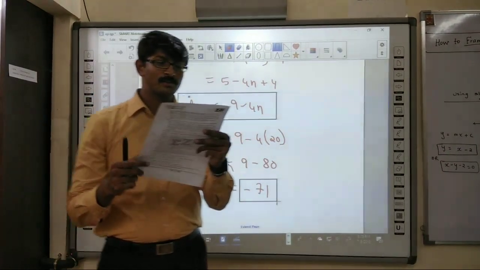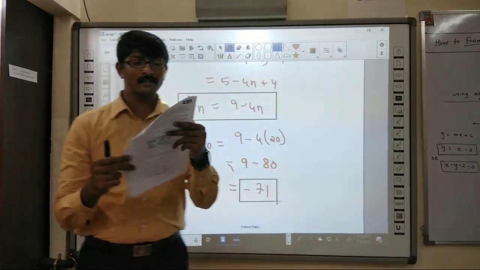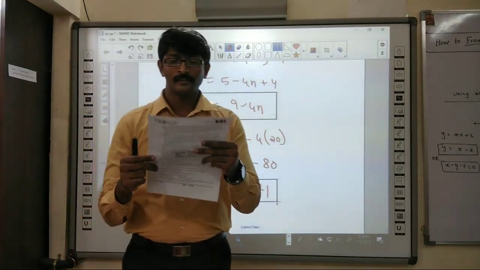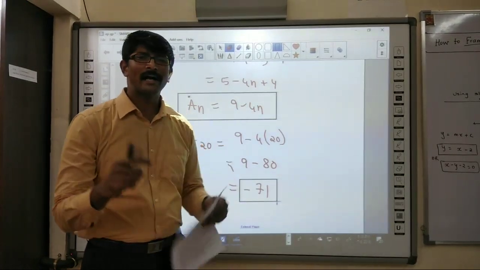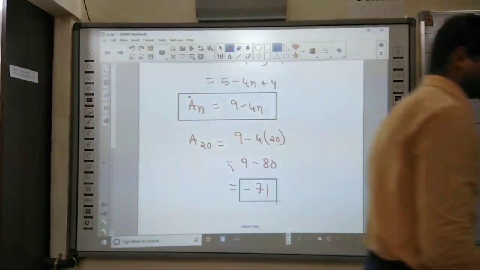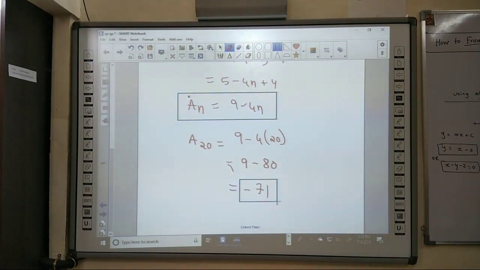So next question. Check whether 301 is a term of the given list. So students, meanwhile you can try this sum number 4. I'll just check the comment box. We have some notes. I'll take a good 10-15 minutes.